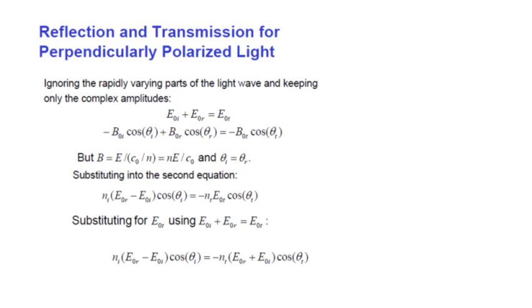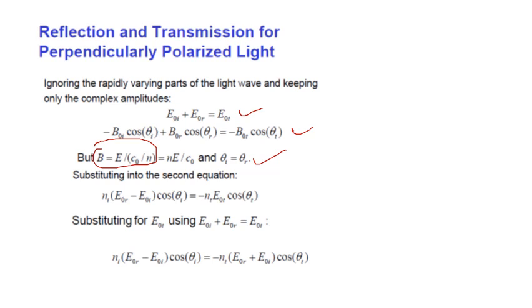We have concluded that E0i plus E0r is equal to E0t, and B0i cos theta i plus B0r cos theta r minus B0t cos theta t is equal to 0. But we know that B is equal to nE over c0, and theta i is equal to theta r.